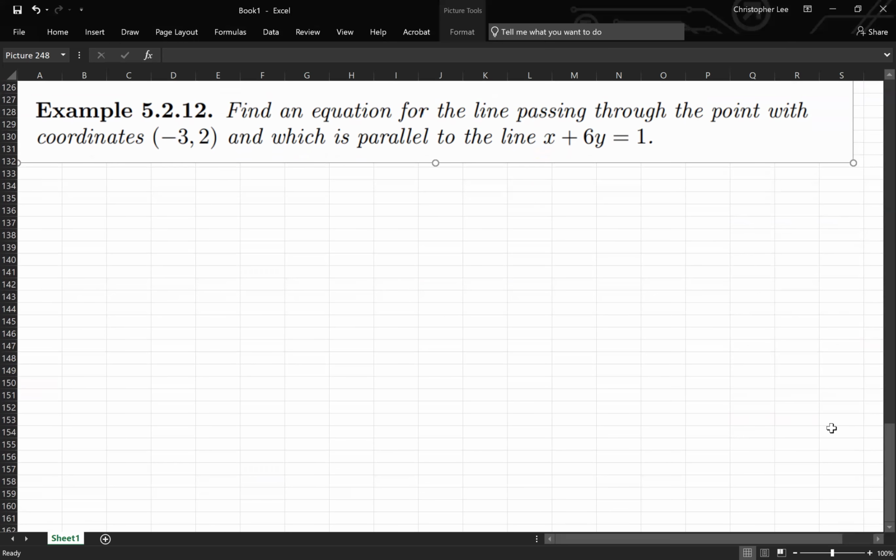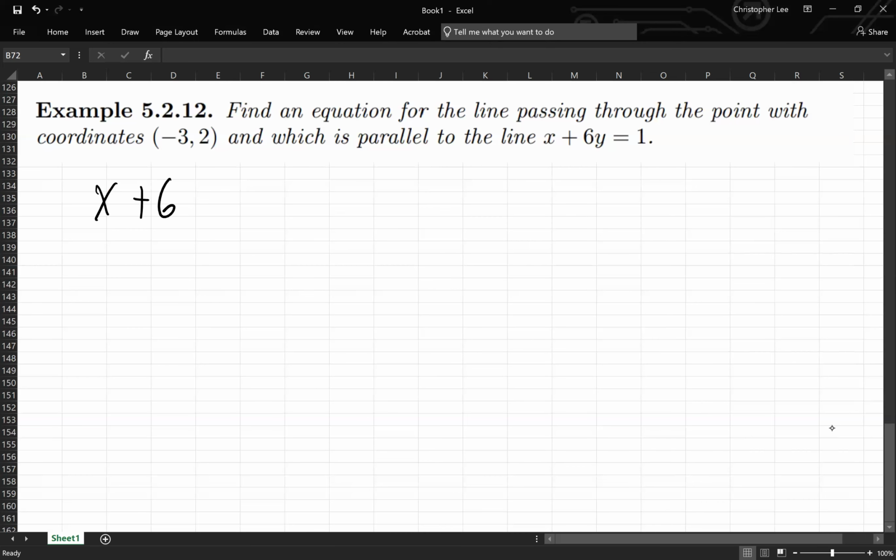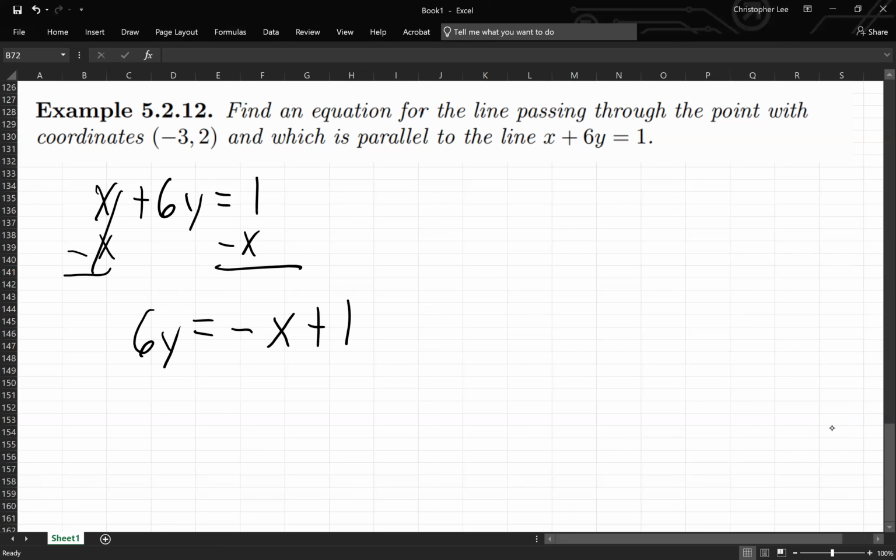Let's do that. So x plus 6y equals 1. I'm going to subtract x from over here. What I do to one side, I got to do to the other. So now I got 6y is equal to -x plus 1. They're not like terms, so they can't be combined, right? Then I want to divide by 6 to get y by itself, but everybody gets divided by 6, right?